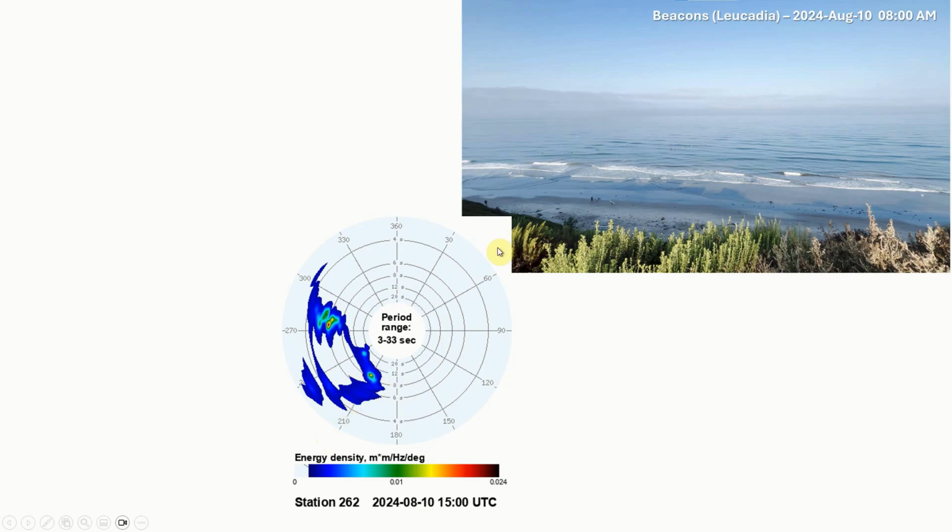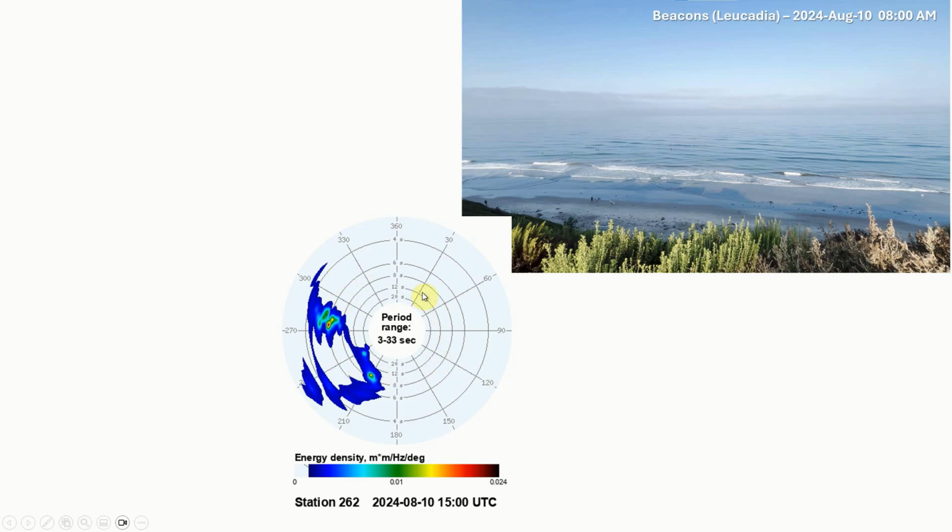This blob corresponds to those waves coming in from this direction over here, the ones that I had drawn lines for. This blob here with more energy is the waves coming in from these wave trains out here, right? And they're coming in just as we see in the photo, from just north of 270, or north of west.